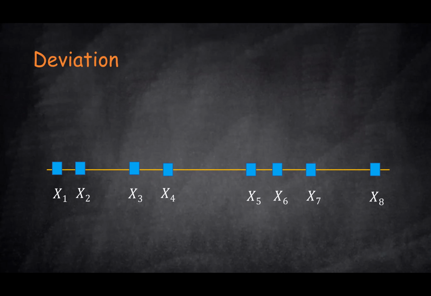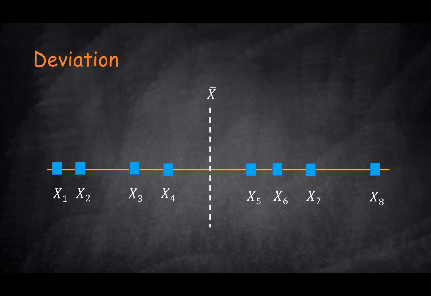Another way for us to find out how data are spread is using the deviations. So in this example, we have 8 observations labeled x1, x2, up to x8. You can see the blue boxes representing those observations. Let's assume that this line here in the center represents the center location, the average of all 8 observations.